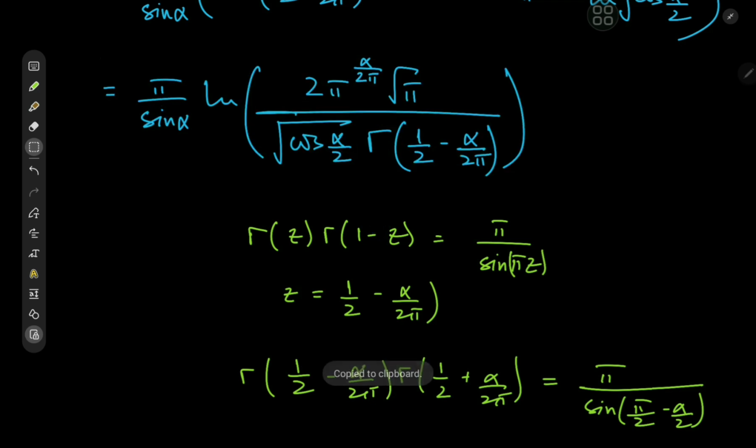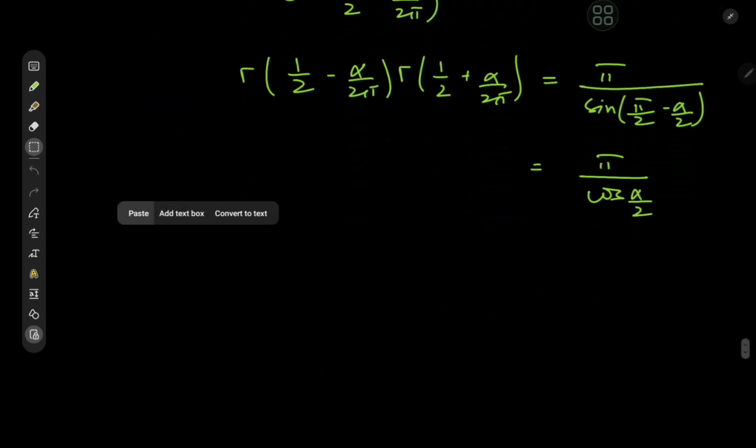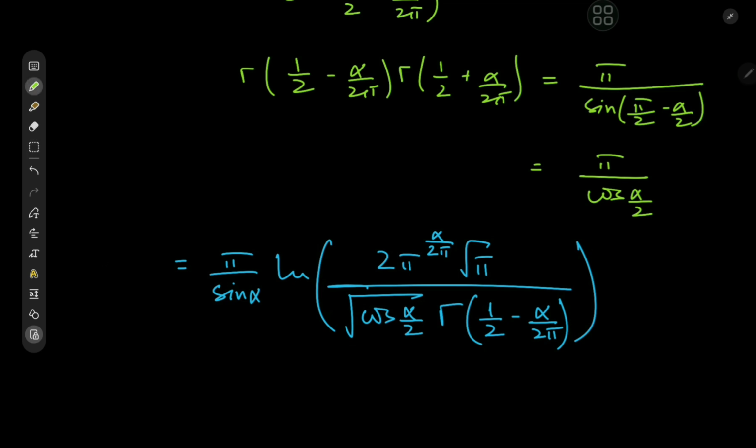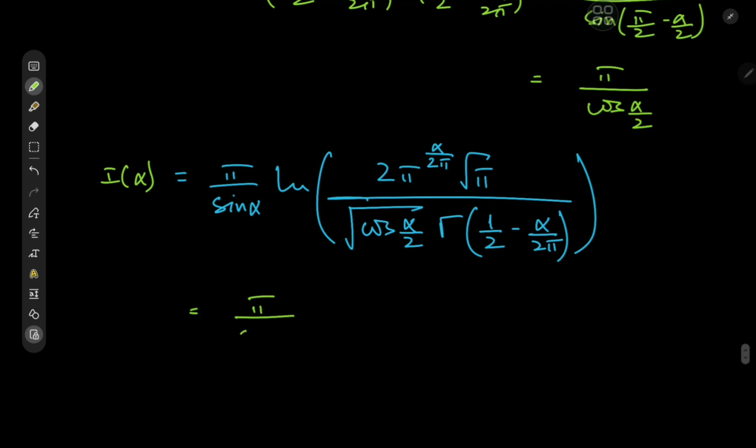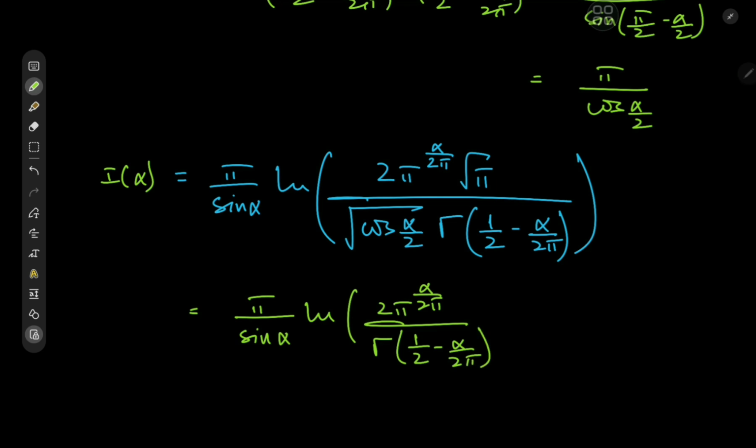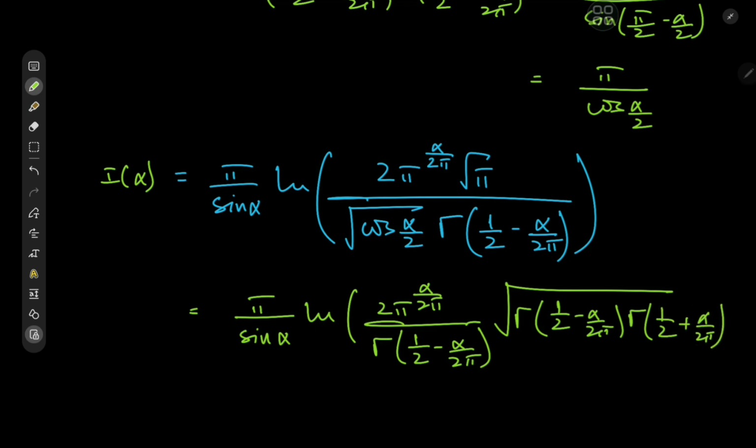And let me just copy this down. So we have the result I of alpha, and we have pi divided by sine of alpha times the logarithm of 2 pi to the alpha by 2 pi divided by gamma 1/2 minus alpha by 2 pi times the square root of gamma 1/2 minus alpha by 2 pi times gamma 1/2 plus alpha by 2 pi.